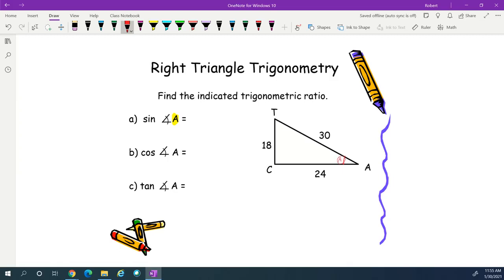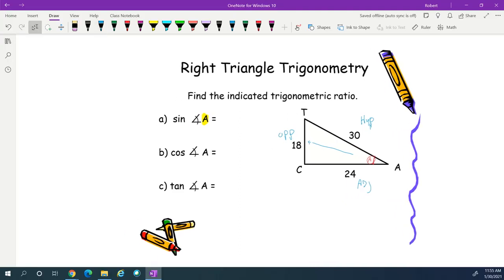That will allow us to identify the sides. So let's do that. We have the hypotenuse, the opposite, and the adjacent. Now that's very important because each of these formulas uses different sides. But now we can fill it in.